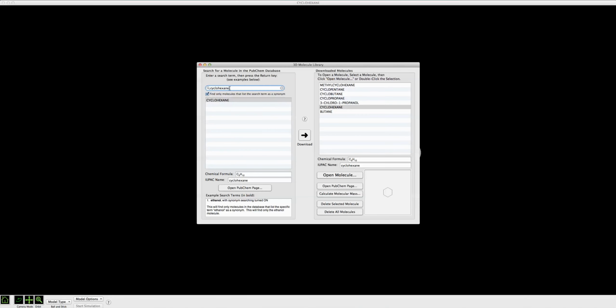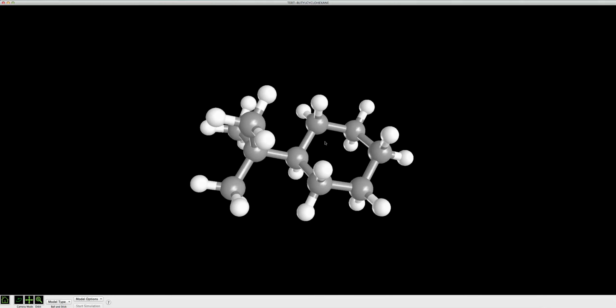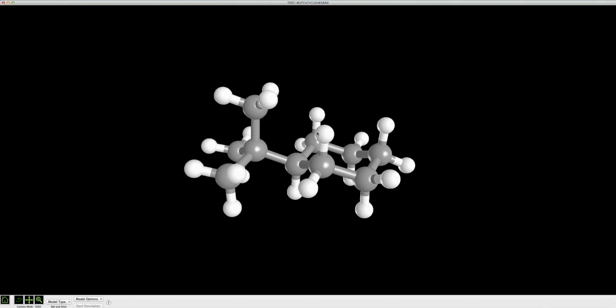Let's see if we can get t-butylcyclohexane. And we can. And this t-butylcyclohexane is in the equatorial position.